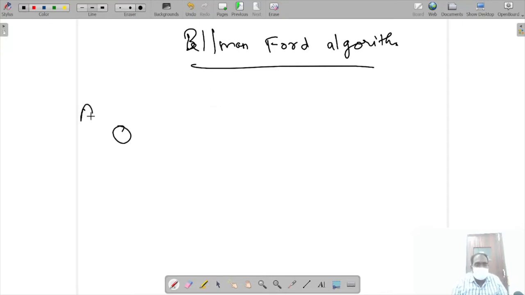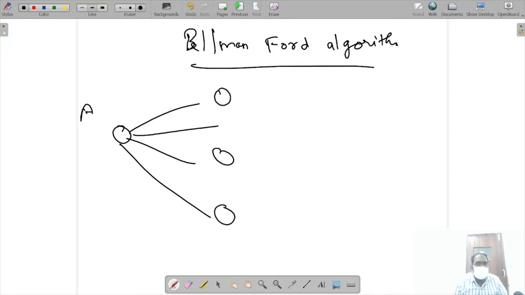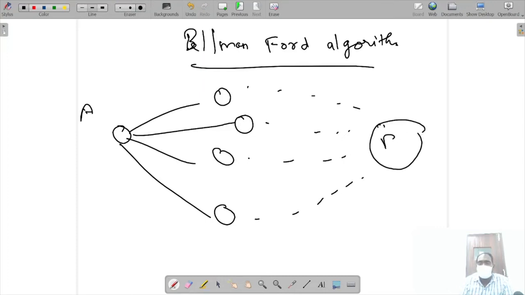Let's say this is A, and A has let's say 4 neighbors, C1, C2, C3 and C4, and we don't know how they reach the destination, but they somehow reach the destination B. From A to C1 the cost is X1, A to C2 the cost is X2, A to C3 the cost is X3, and A to C4 the cost is X4.